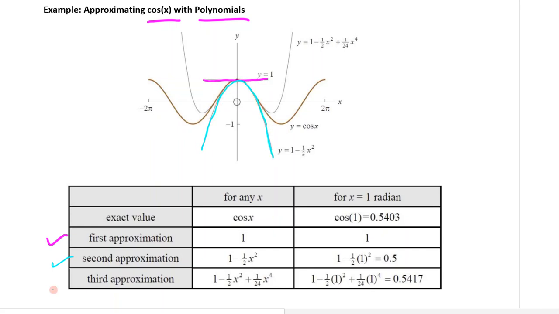And if we take the third approximation, we notice that our function is hugging the curve even more. So as we add more and more terms, we get a better and better approximation of cosine x. So cosine x can be written in terms of a series where we have some powers of x.